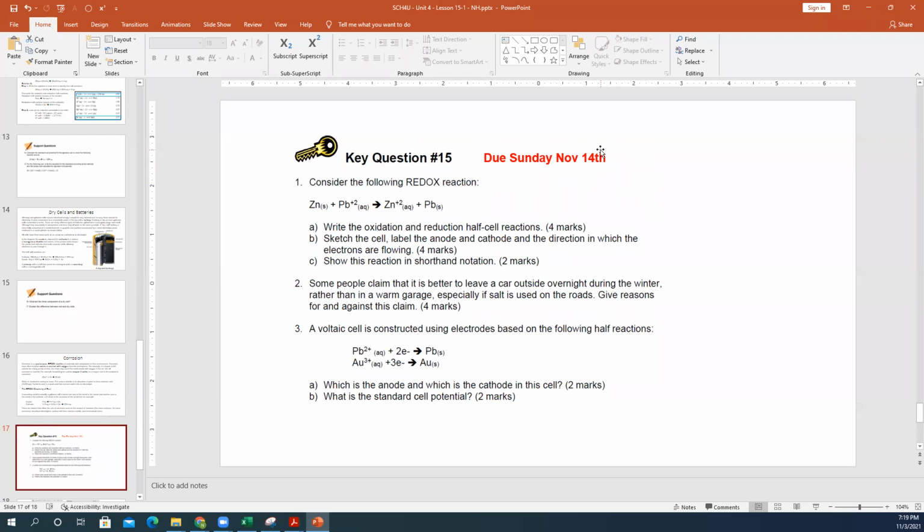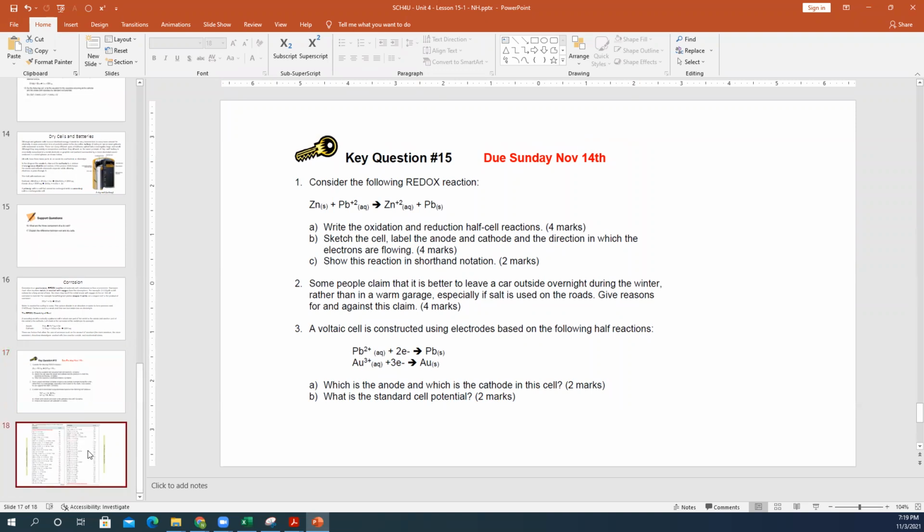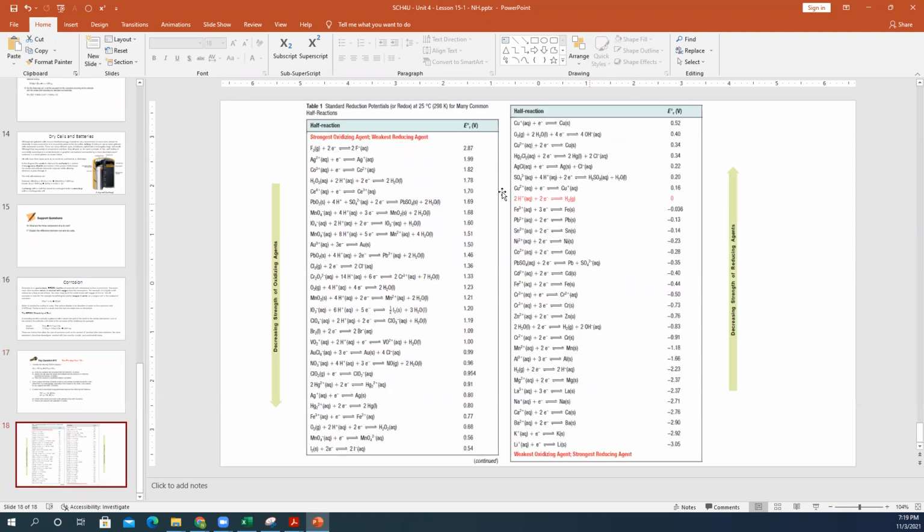Okay, guys, that brings us to the end of our lesson here. And here is a complete standard reduction potential table at the end that you can use when you're doing your practice questions.